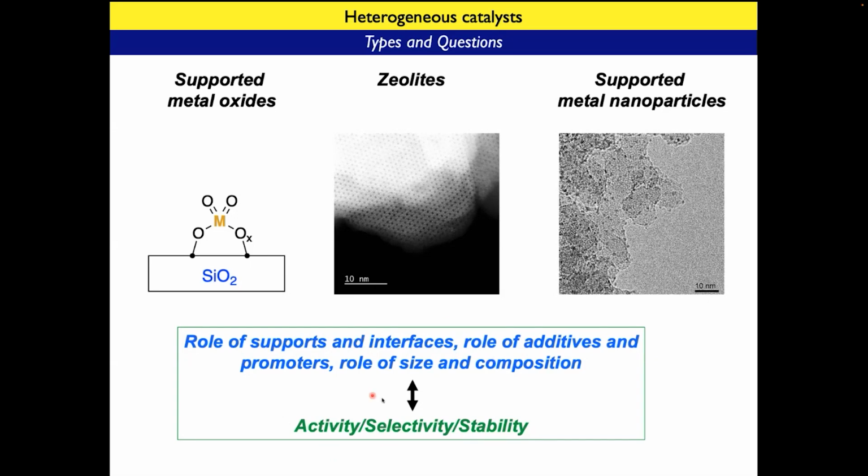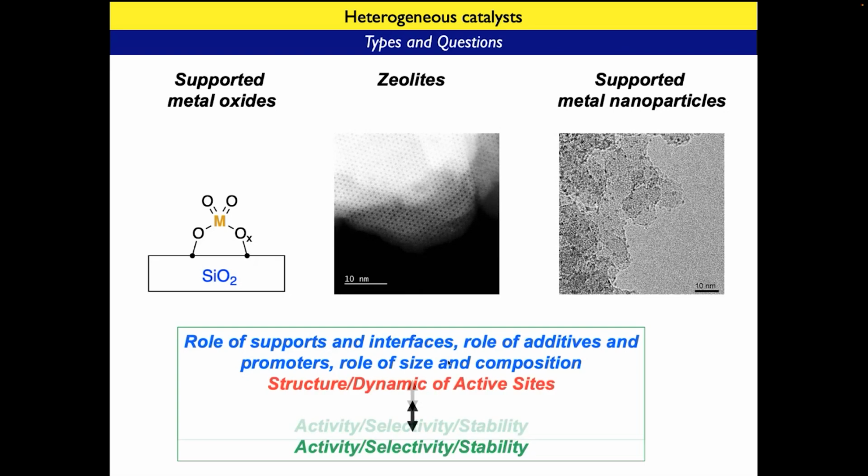Typically, we try to relate that to some macroscopic thing that we can measure easily, such as the role of support, additives, promoters, size, and composition, because the system is so complex that it is very difficult to relate to specific descriptors of the molecular world as you would do in homogeneous catalysis. Nevertheless, catalysis is a molecular phenomenon where you break and make bonds on an active site.